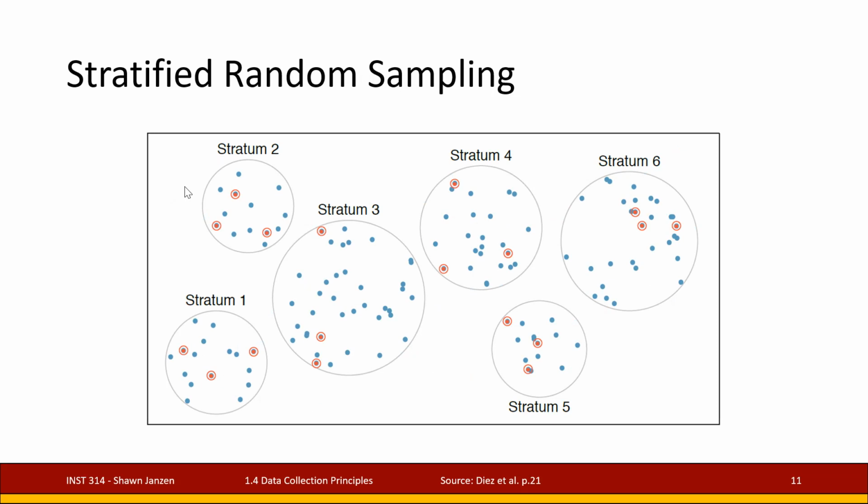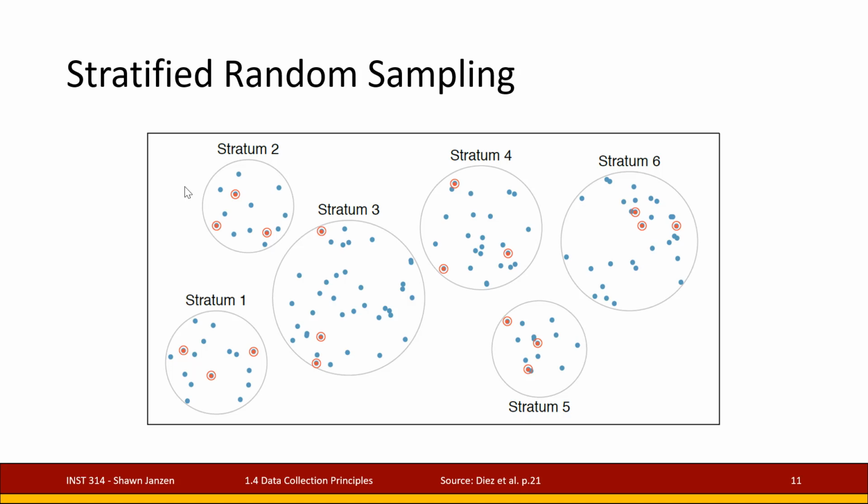Stratified random is where we break up the population into what we call strata. We've grouped them usually on some sort of characteristic. You can think of it, if this was a geographical thing, maybe we did it by city block. And then from there, we've randomly chosen a group of observations from within each stratum. So you group them by stratum, and then you randomly choose an equal number from within them.